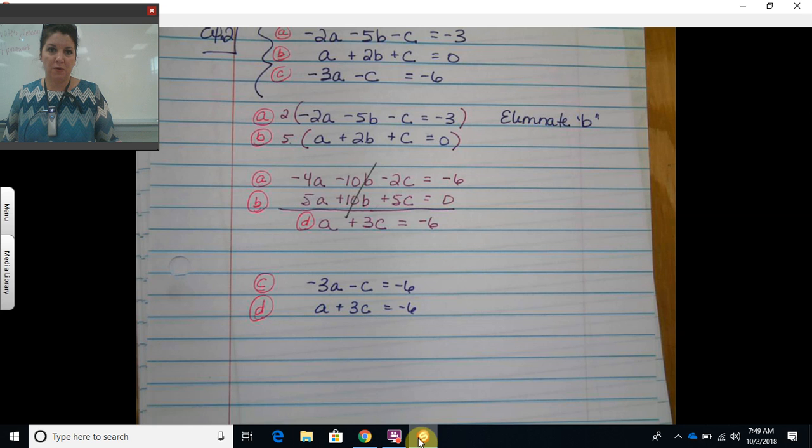No, it doesn't have to be the same as above. No matter which one I pick, it's going to be the same amount of effort. So if I eliminate my C's, I would multiply the top equation by 3, and if I eliminate my A's, I would multiply the bottom equation by 3. Does not matter. I'll just go with the top equation.